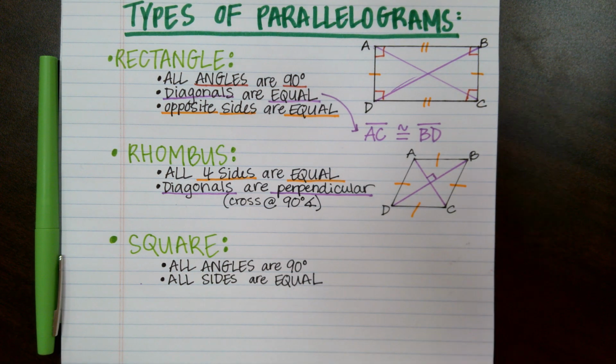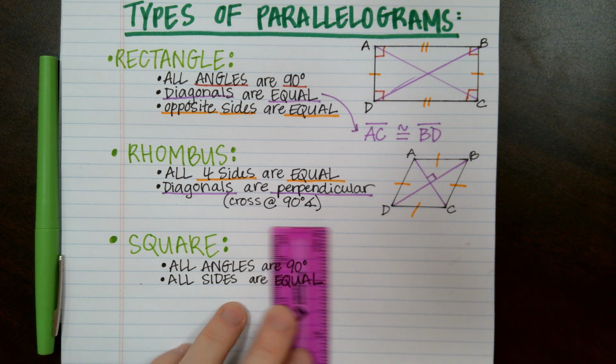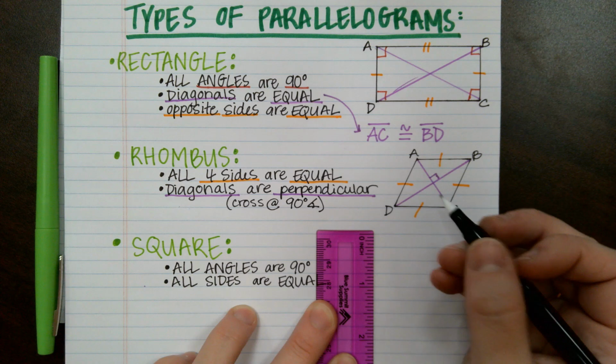So let's draw a square and we'll label it. And I'm gonna make my square about an inch, kind of like my rhombus.